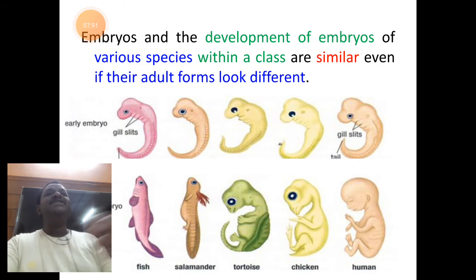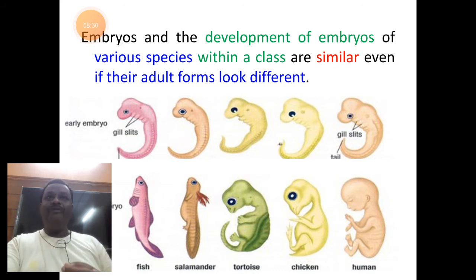As we all know, different organisms of different classes developing from their embryos show much of similarities as we see in the first row in the diagram. The embryos of different classes of organisms do show the similarities at some stage of development. And their adults, when we look at, they look different or they appear different to each other.